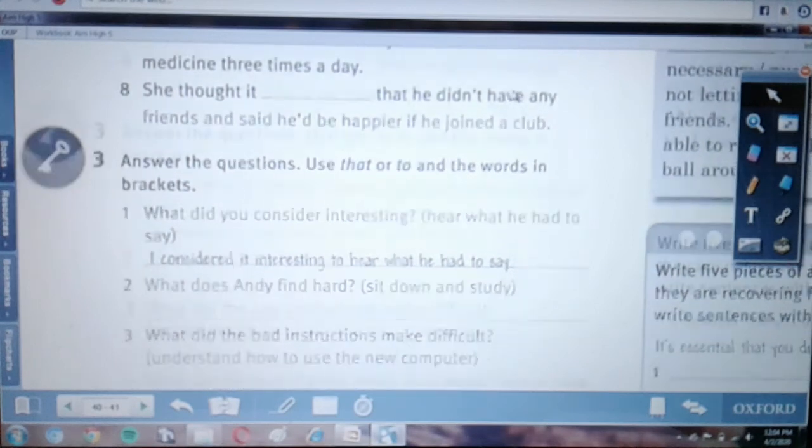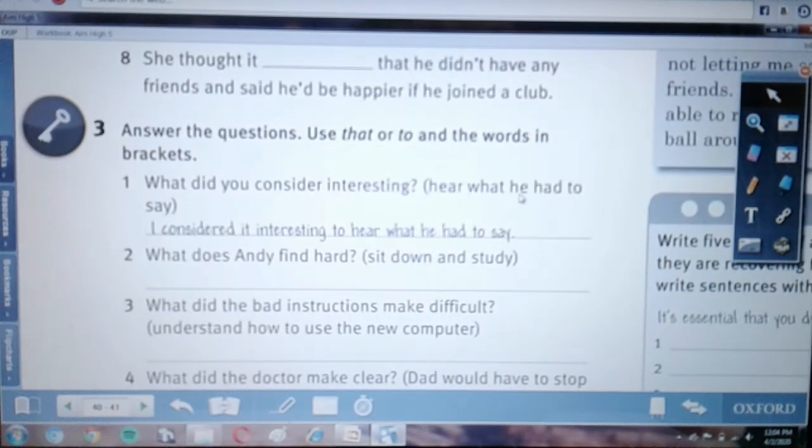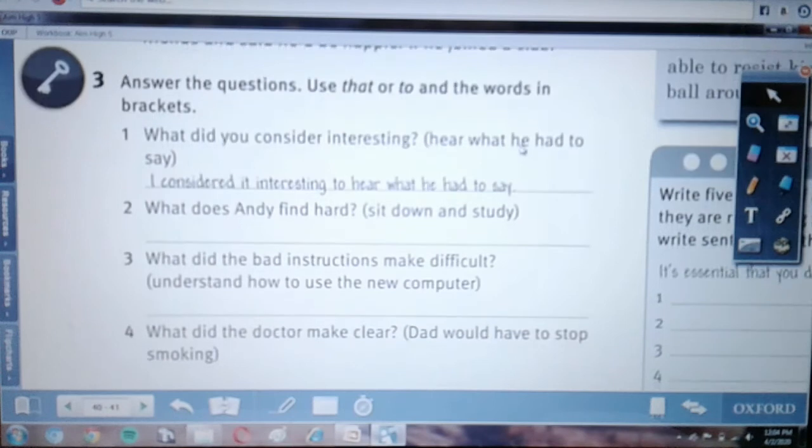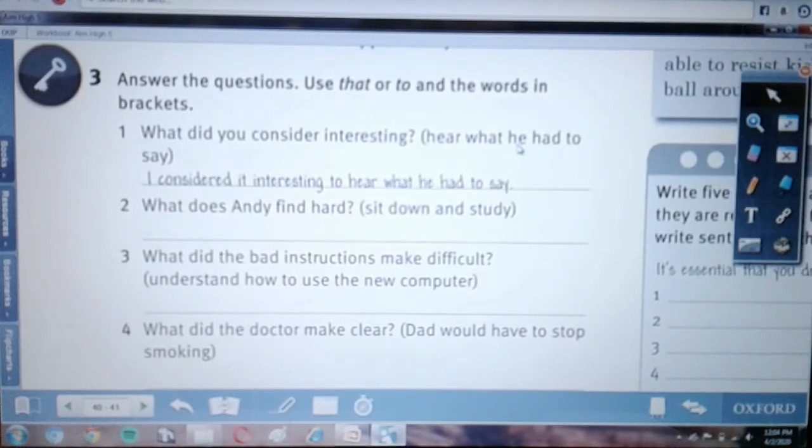After that, you need to answer the questions on part 3. Use that or to and the words in the brackets. For example, number 1: What did you consider interesting? The object it should use is hear what he had to say.